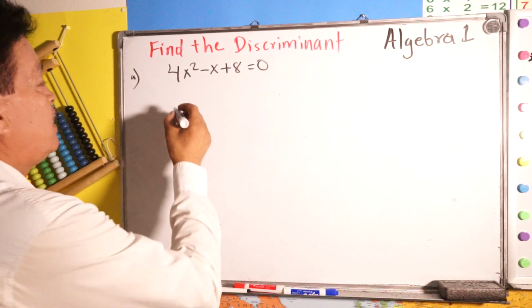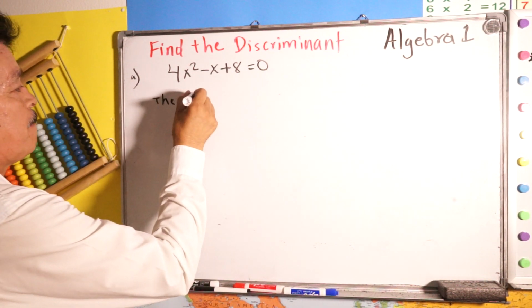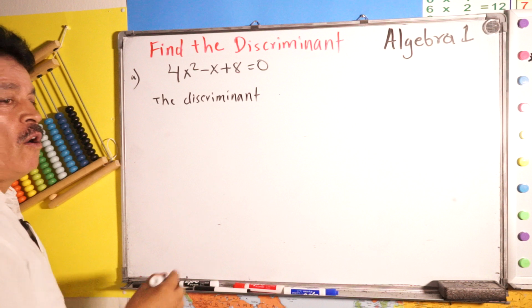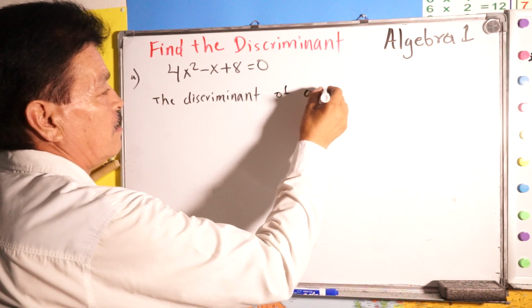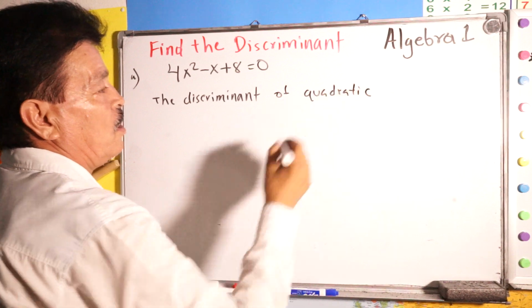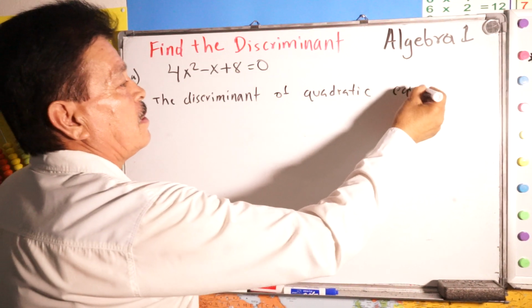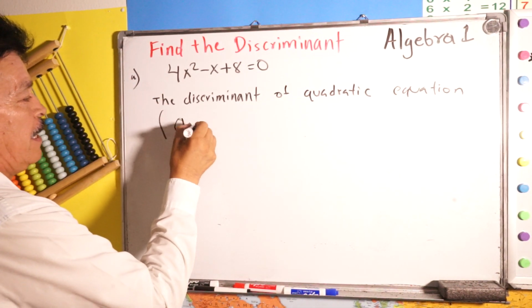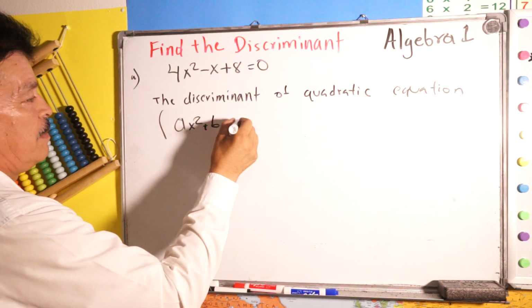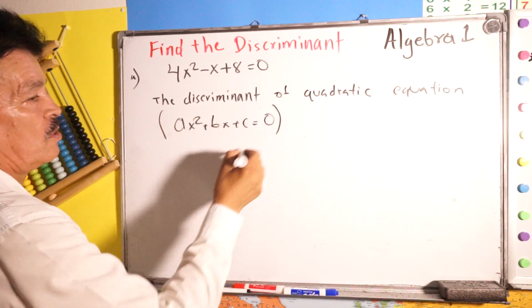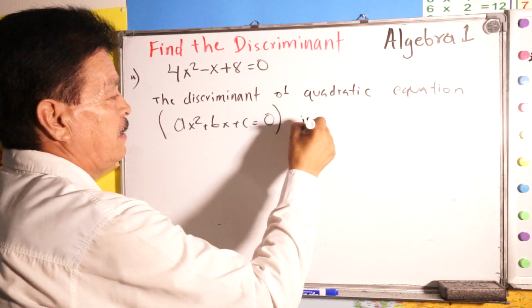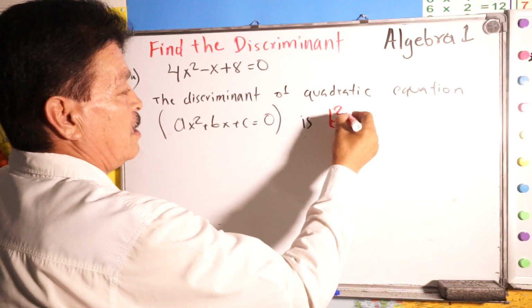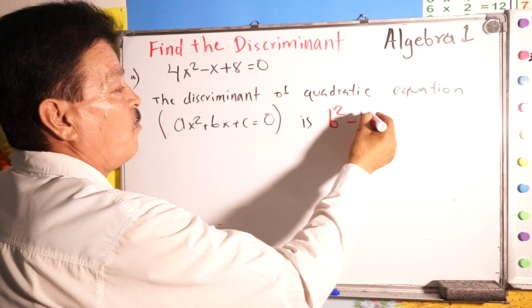The first one, the discriminant of a quadratic equation like ax squared plus bx plus c equals 0, is b squared minus 4ac.